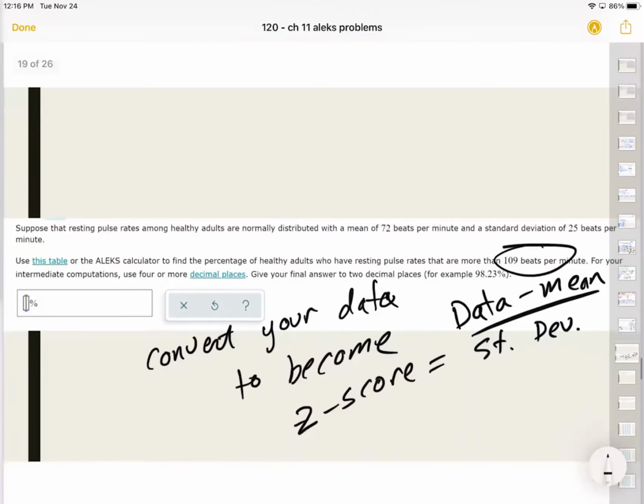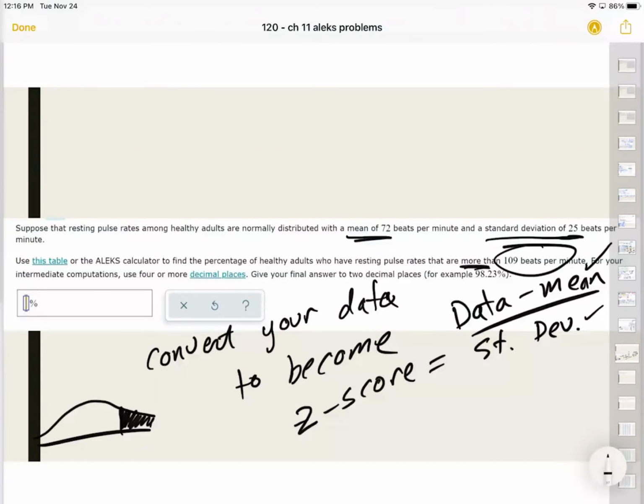So again, you have to ask yourself, are you looking for the area to the left or the area to the right? They give you the mean of 72 and the standard deviation of 25. Now they ask you for more than, so we need to find anything to the right.